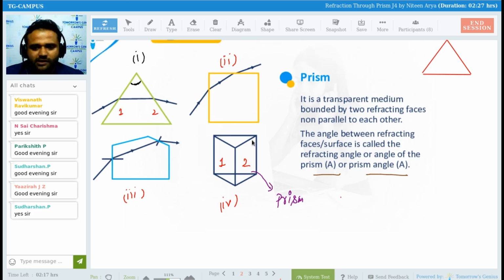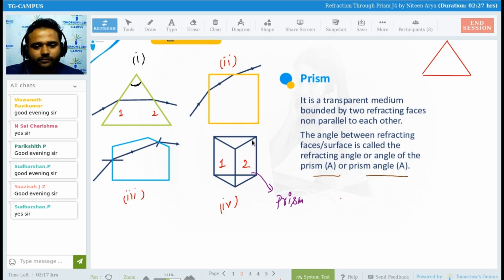So a prism is a transparent medium bounded by two refracting faces non-parallel to each other. The angle between the refracting faces is called the refracting angle, or angle of prism A, or prism angle.